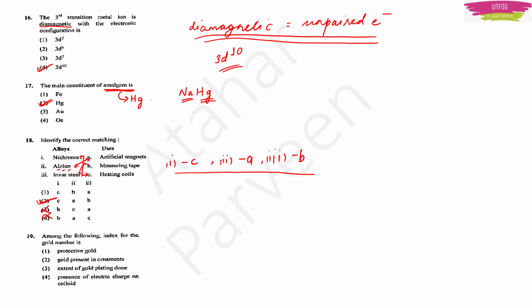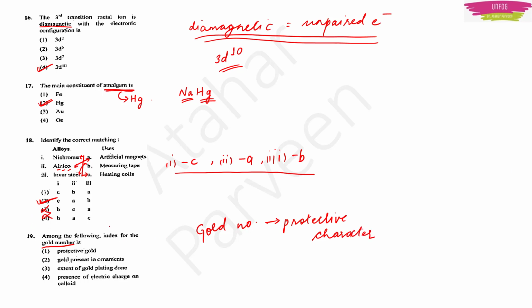Now next we have, among the following, the index for the gold number is. So what is gold number? Gold number actually means the protective character. The protective character of a colloid is its gold number.